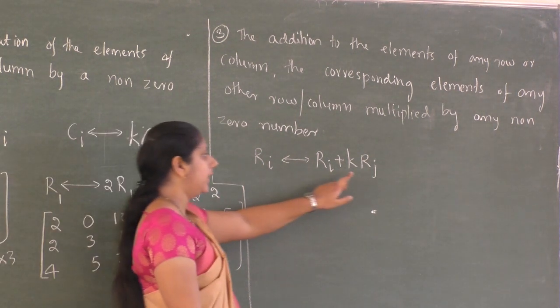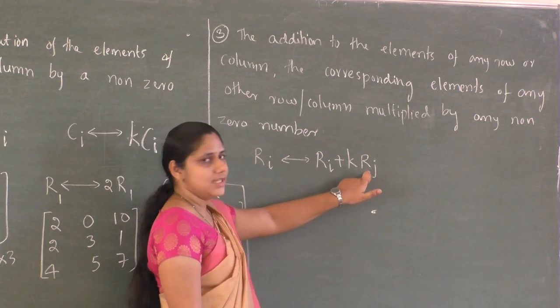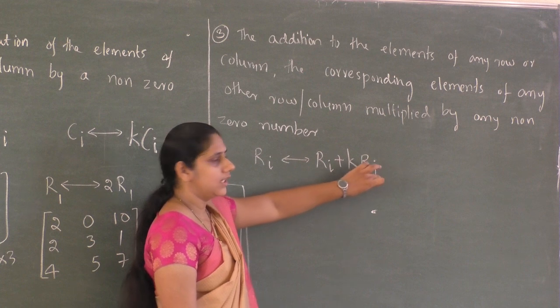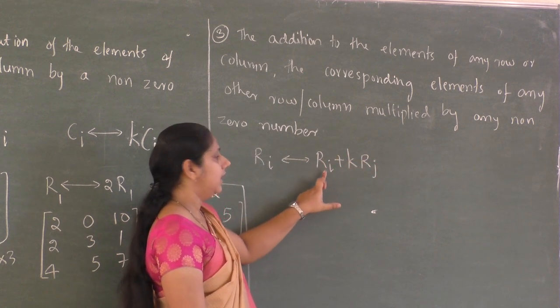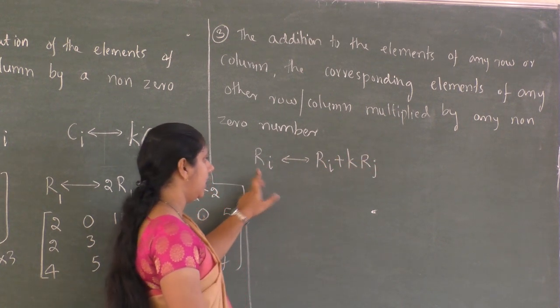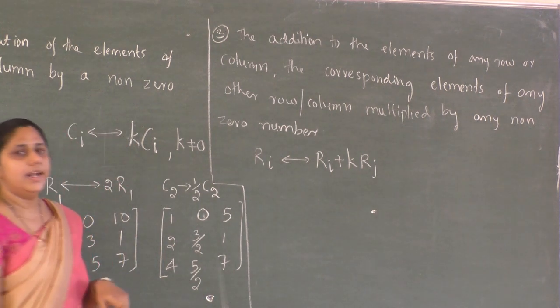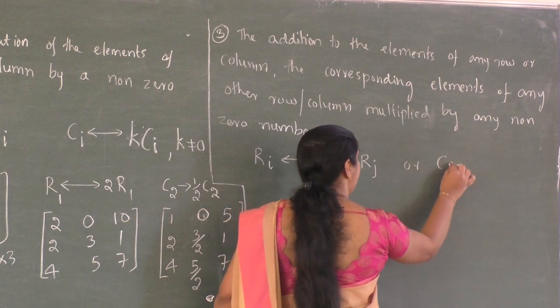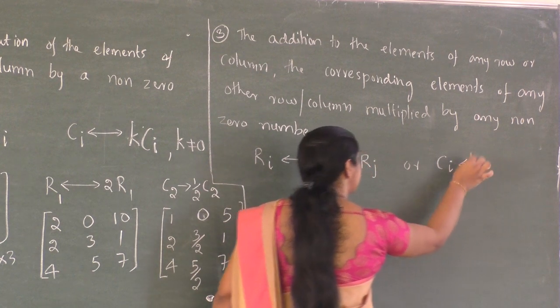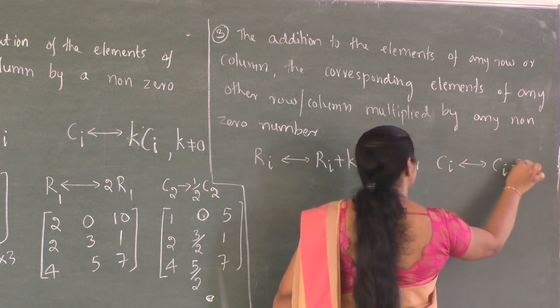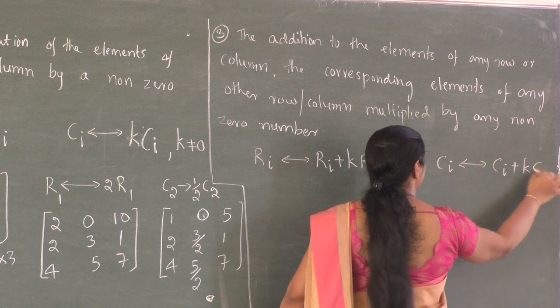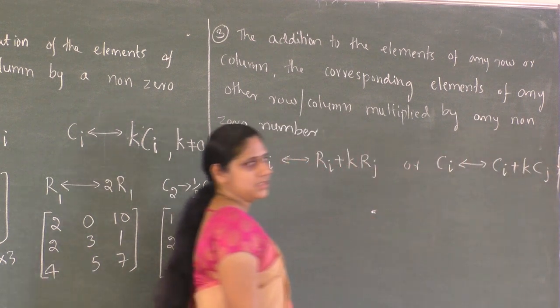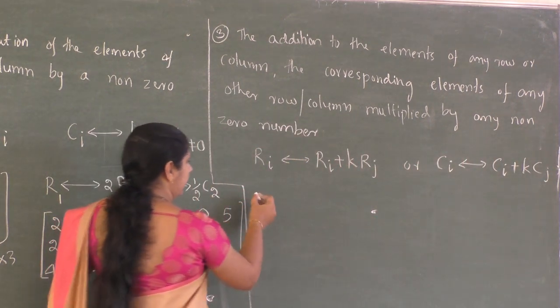So you have to multiply a scalar to the jth row, then you have to add the corresponding elements to the elements of the ith row. So Ri interchanging to Ri plus K times Rj, whereas the column operation is Ci interchanging to Ci plus K times Cj.